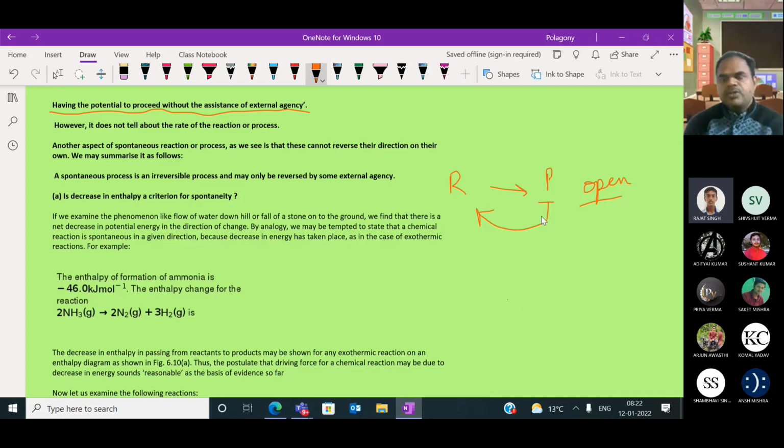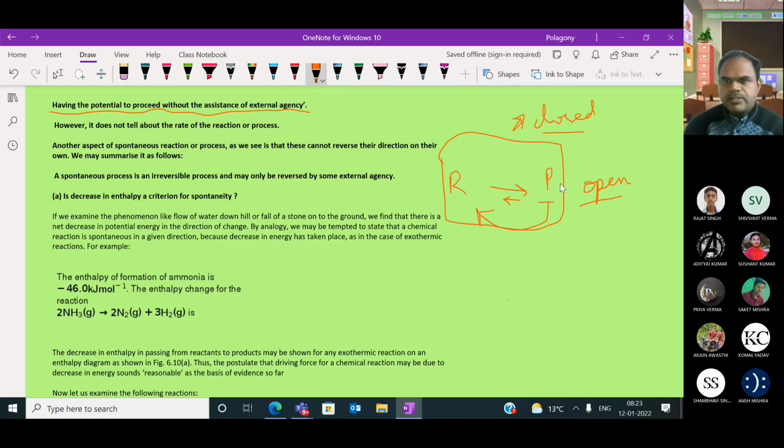But yes, if you want to bring this product back to reactant, we must reverse it. That means the reactant must be taken in controlled conditions. It must be taken in the closed system.